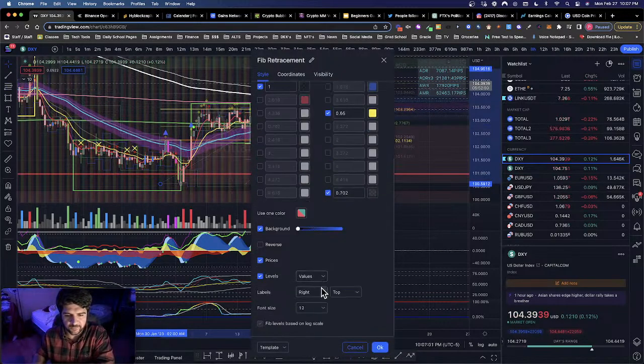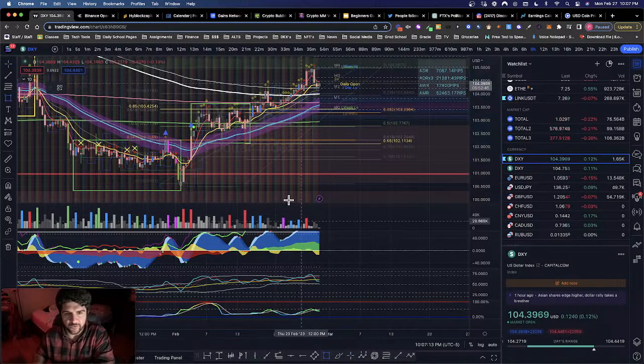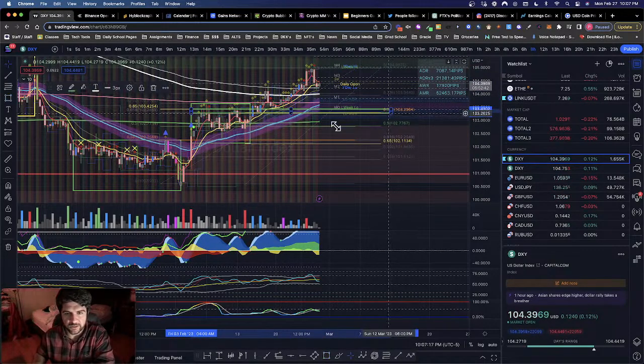Why not? Your golden pocket lays around 103.50. So right in this zone is definitely a big level of interest for Mr. Dixie. So we're going to mark him out there.